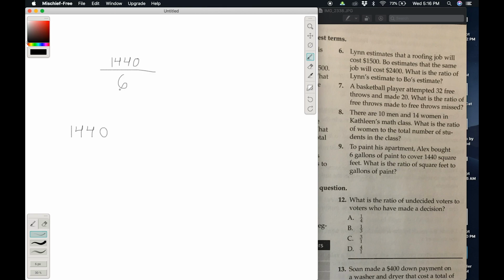One of the rules I used was if the digits add up to a number that's divisible by 3, so 1 plus 4 is 5 plus another 4 is 9. 9 is divisible by 3, and so is the number 6 here.